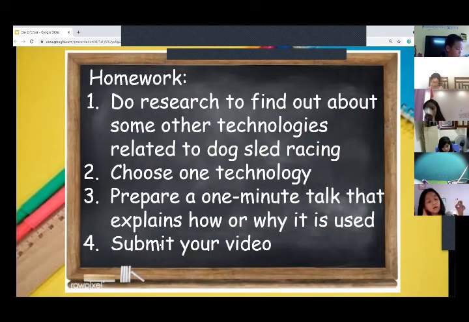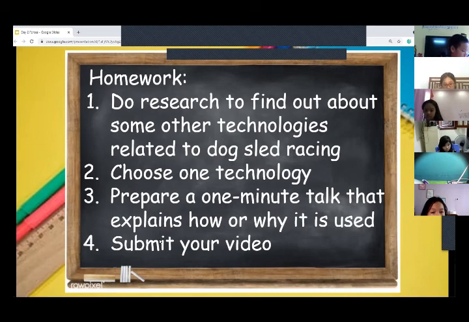Okay, now your homework for tonight. I'd like you guys to do research to find out about some other technologies related to dog sled racing. You can Google, or if you have a book on it, you can use a book, to find some other technologies related to dog sled racing.